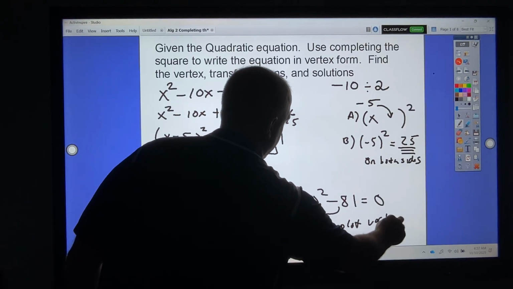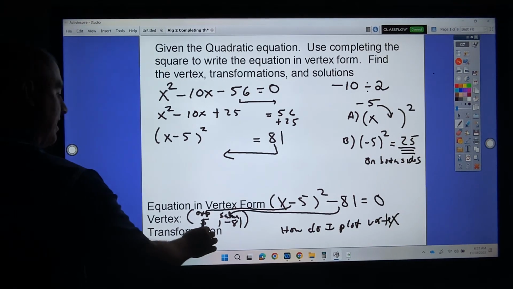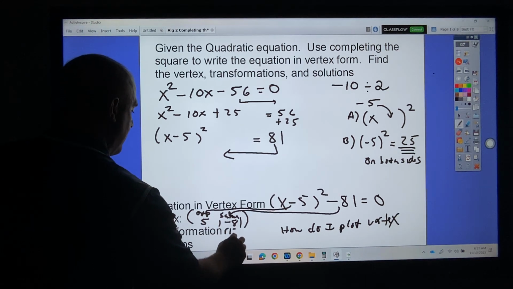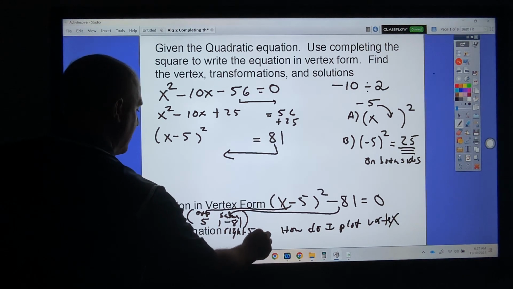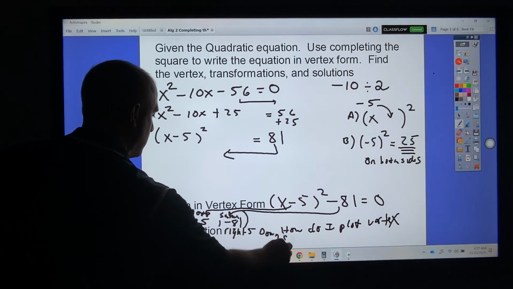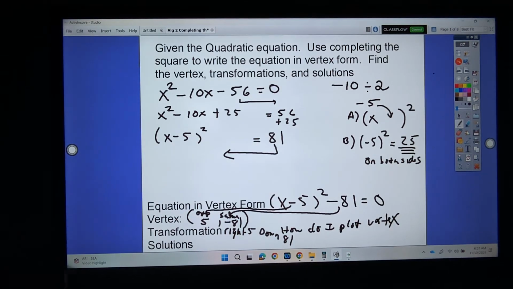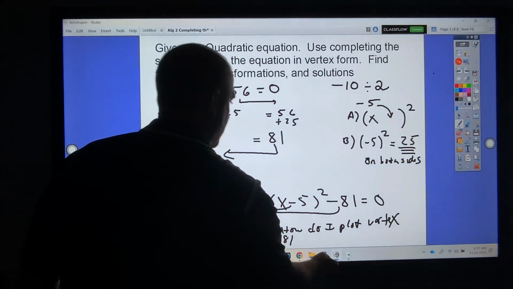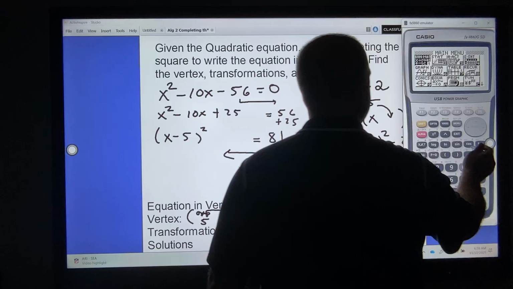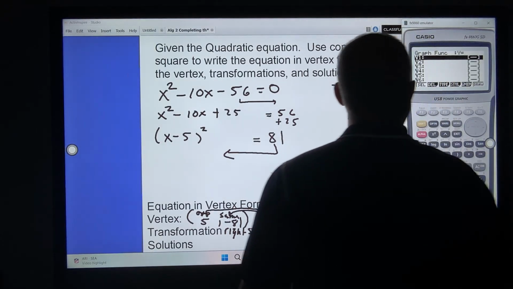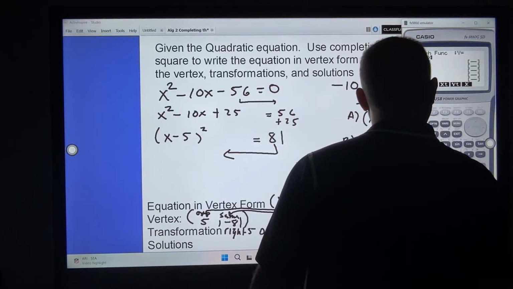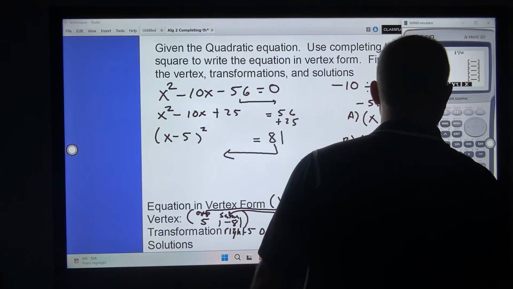The way I would plot the vertex is I would go right 5, down 81. The solutions: what I want to do is go into my calculator and graph this, x minus 5 squared minus 81.